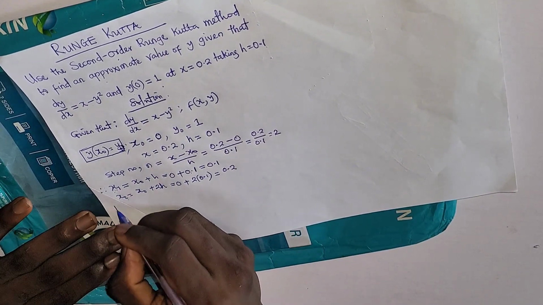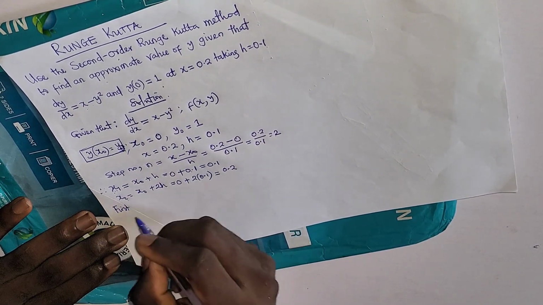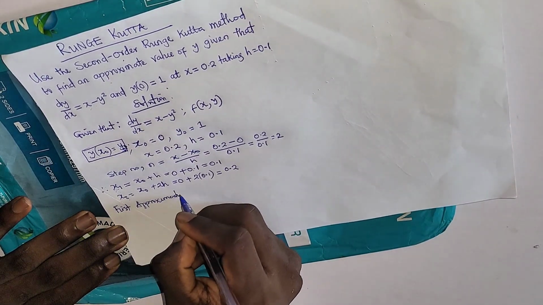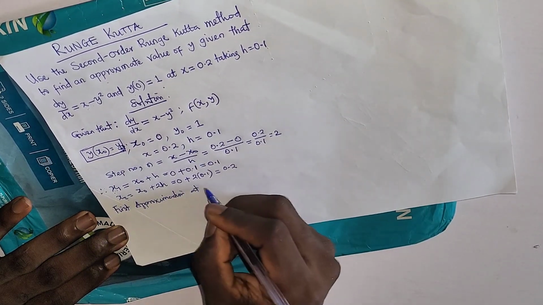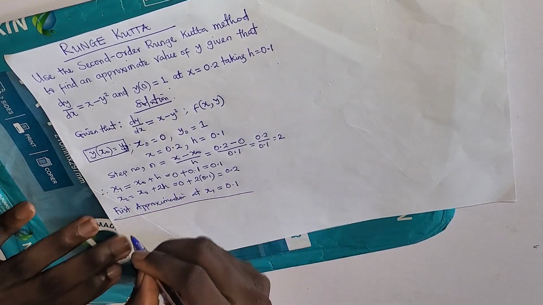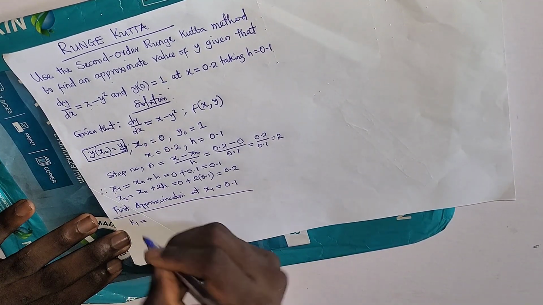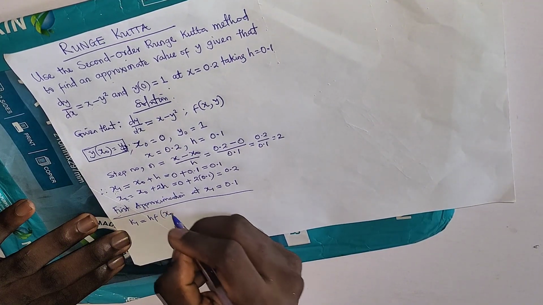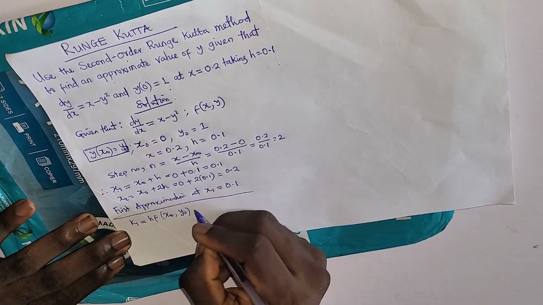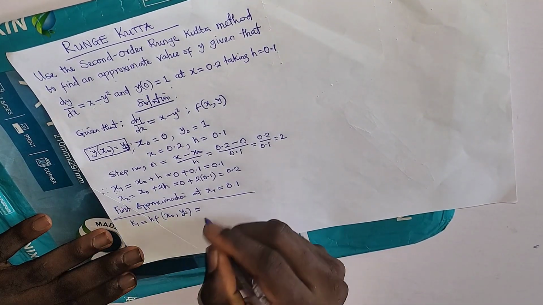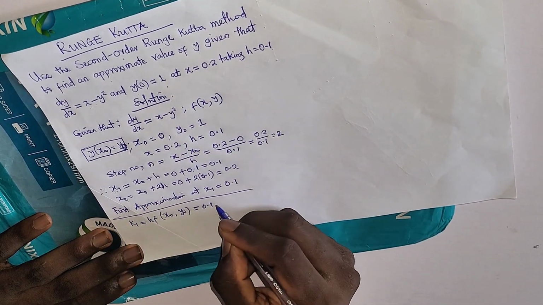So now we say our first approximation at x1 equals 0.1. Remember, k1 is equal to h f of x naught, y naught. So the value of h is what? 0.1, right?